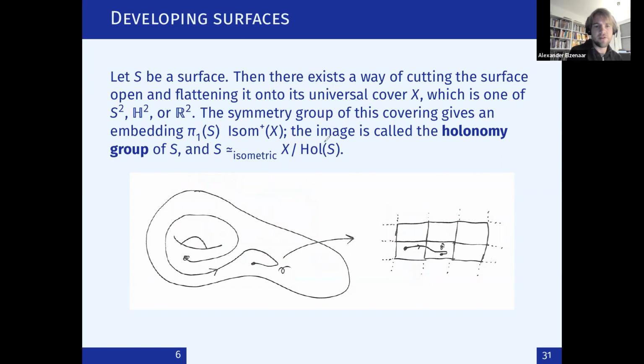Going the other direction, we can take a surface, or just for the time being a surface, and we can cut it. So say we take the torus, we can draw a homotopy basis like this. We can cut open this homotopy basis, and we can unroll it and put it down on the plane to form a tiling. So this is what's called developing.